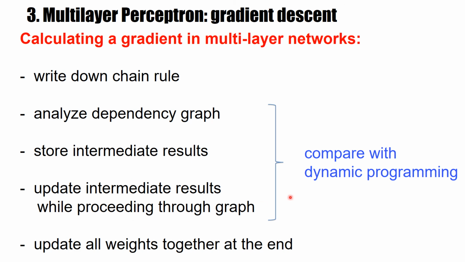And these are exactly the principles that are known as dynamic programming. And once we have updated all the deltas, then we can update all the weights. Many weights in the network are updated together at the end once we have calculated the deltas.